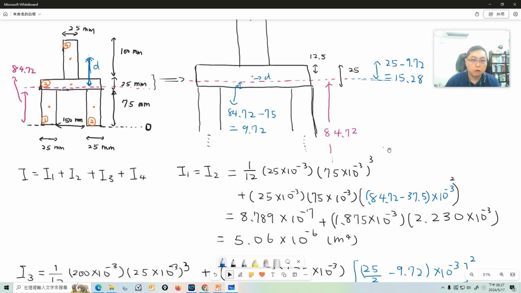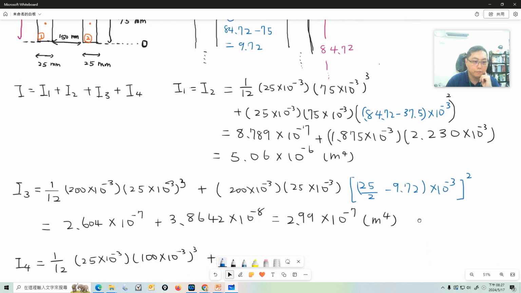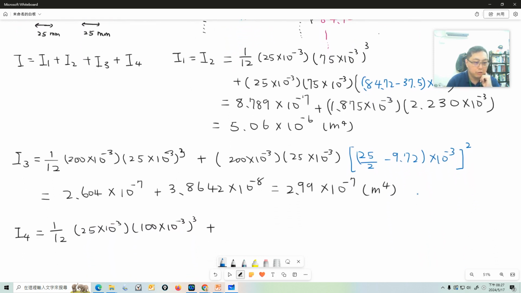From this edge to the neutral axis is 15.28, but you have to add this distance here. Because here is 100 and it is the centroid, here is 50. So it's 50 plus 15.28.